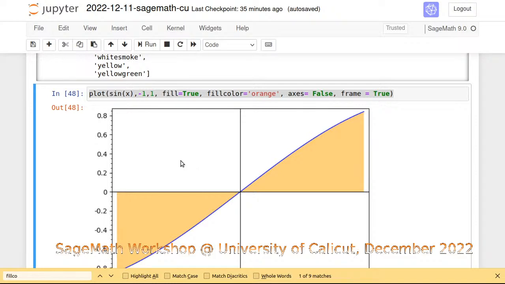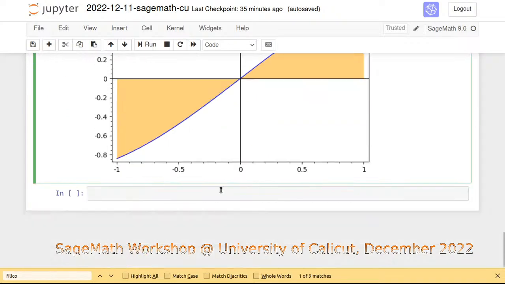Let us see how to do that. Yesterday itself we have seen how to draw a circle, and let us now try to generate some nice picture using this hue command.